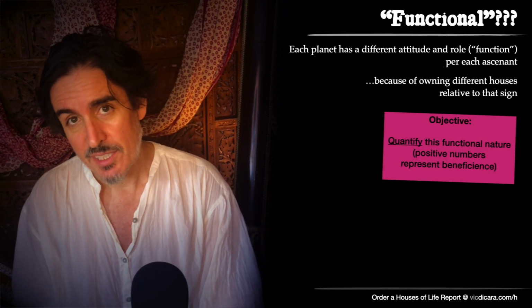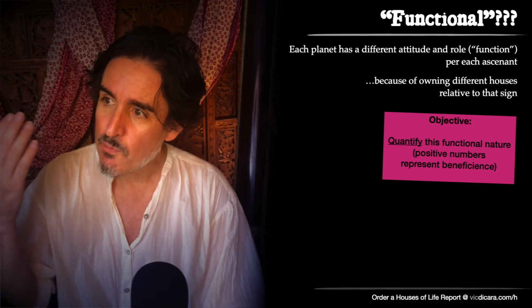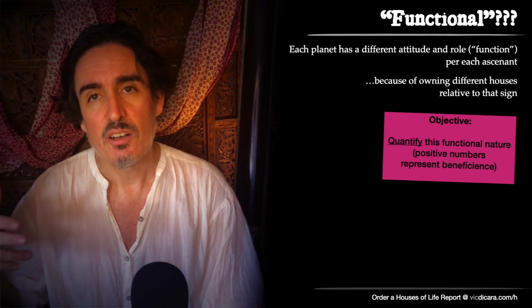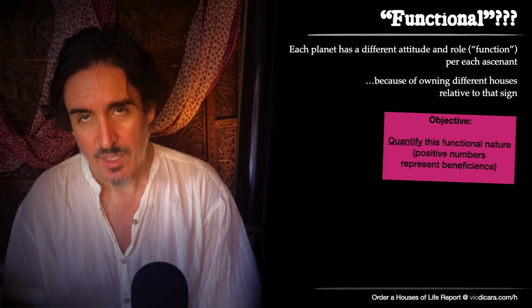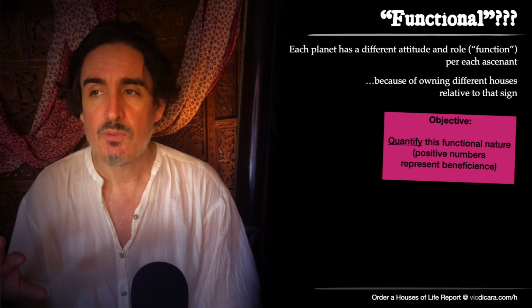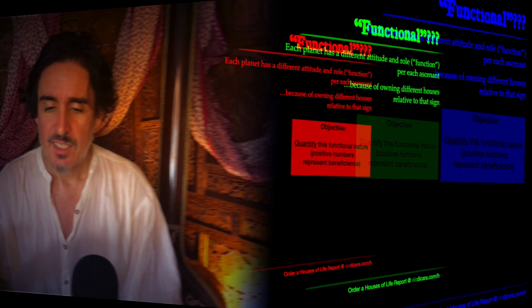So the objective here is to measure the functional beneficence versus the functional maleficence of each planet. To measure things, we'll use numbers. So we're going to quantify how functionally good or bad a planet is per the ascendant. Here are the rules for how we're going to do this quantification, or how we're going to measure the functional nature of a planet.